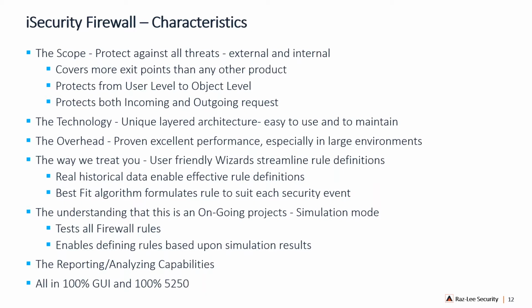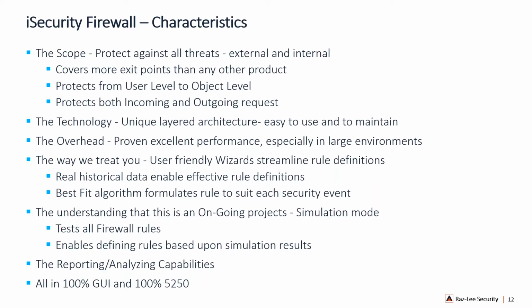We control both external and internal threats. We control even incoming and outgoing requests. The technology which we provide is the top one in the marketplace in this area. And this is called layered architecture.